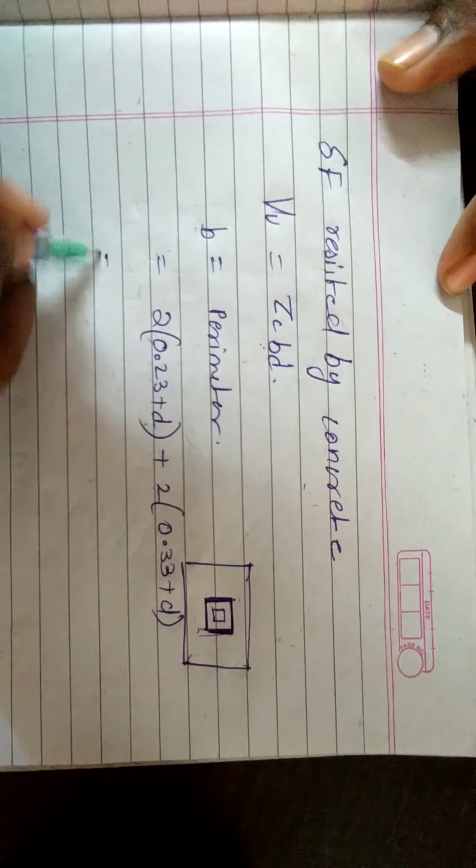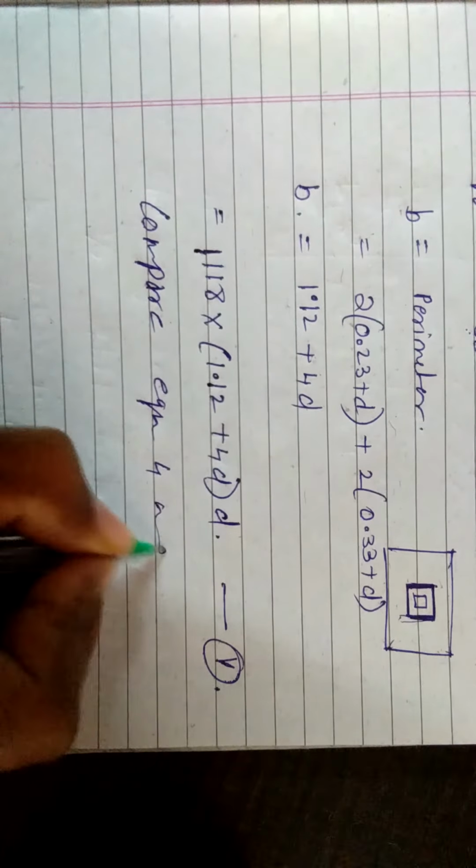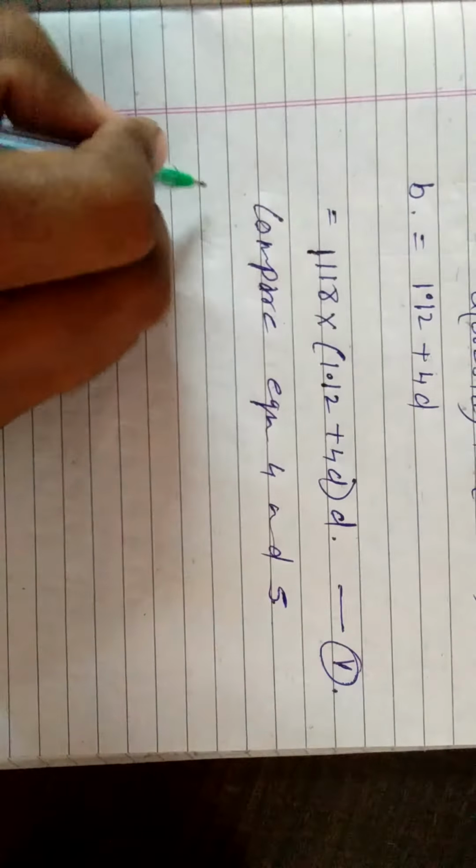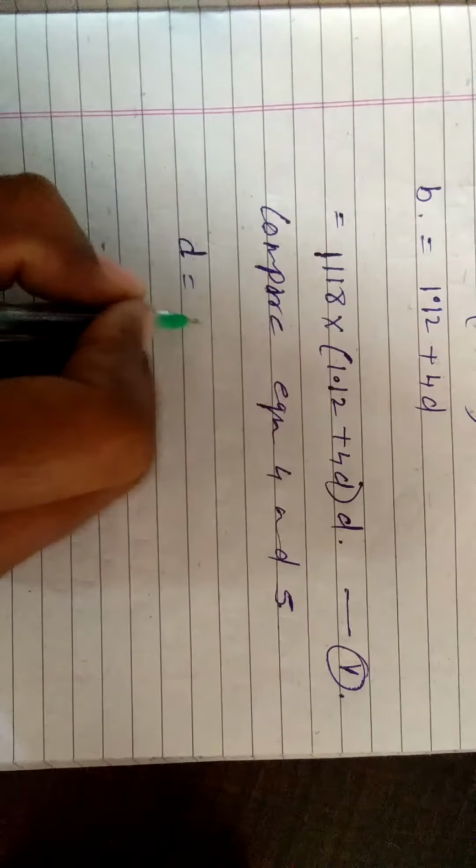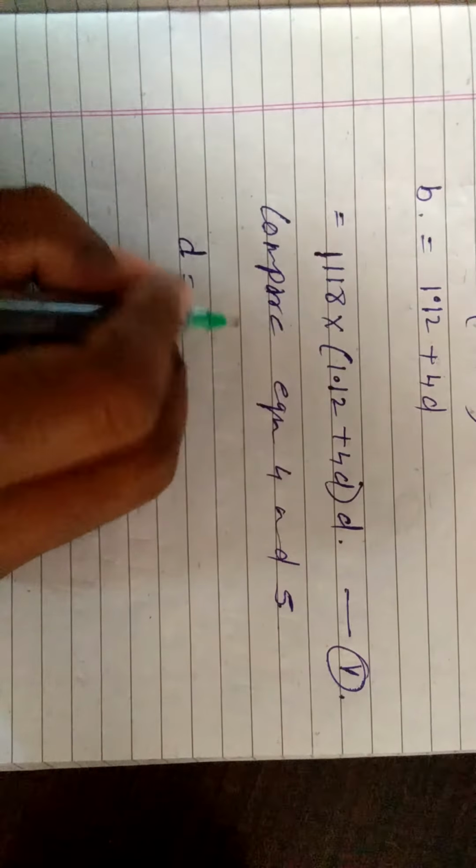Now compare equation 4 and 5 and there you will get the value of D, and here the D is 392 mm. Up to here the one way and two way is complete.